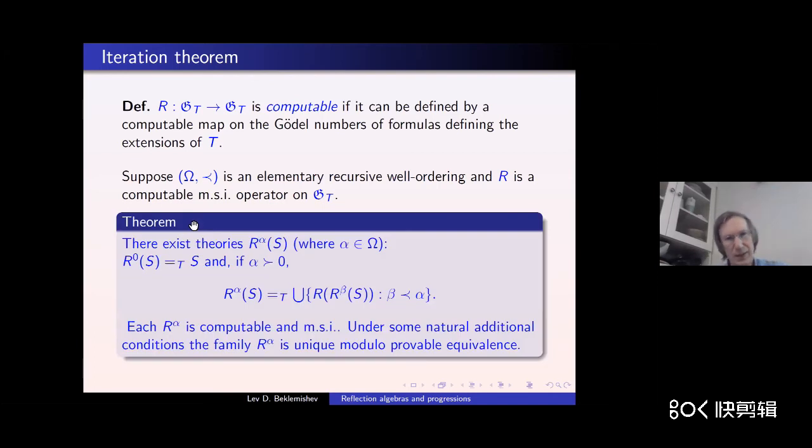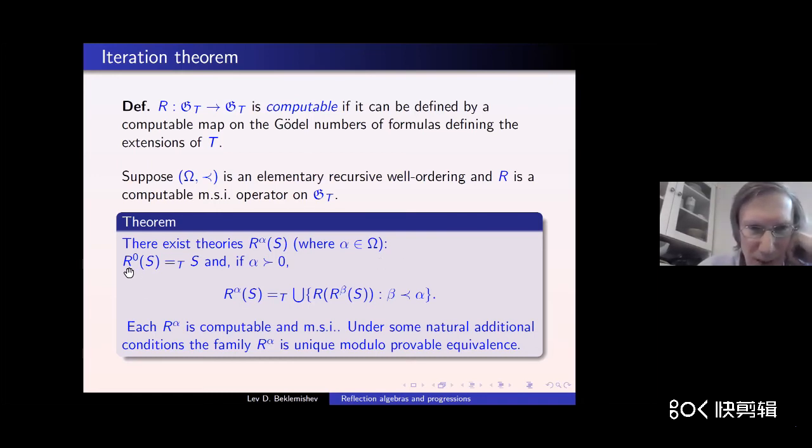There exist theories R alpha. Given an elementary recursive well ordering, if R is a computable monotone semi-idempotent operator, then there should always exist theories R alpha of S for every index alpha from our elementary recursive ordering, satisfying the natural conditions we would expect from iteration.